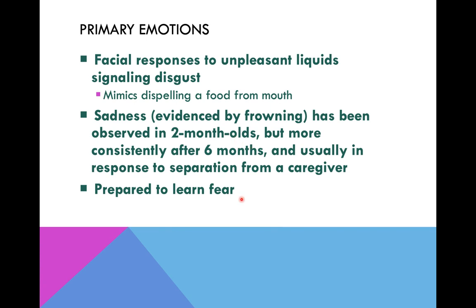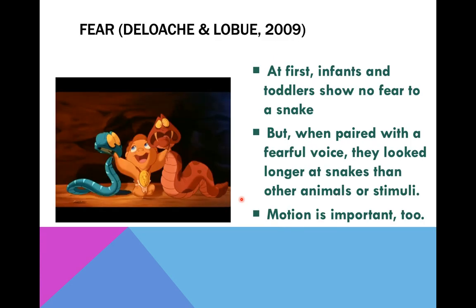And there's some evidence that babies show fear to some stimuli because they are born prepared to learn fear of that stimuli. So, for example, in a series of studies, DeLoache and LoBue tested to see if infants and toddlers are naturally fearful of snakes.